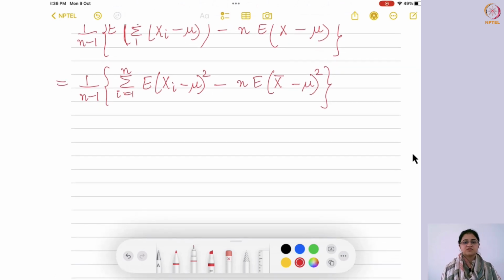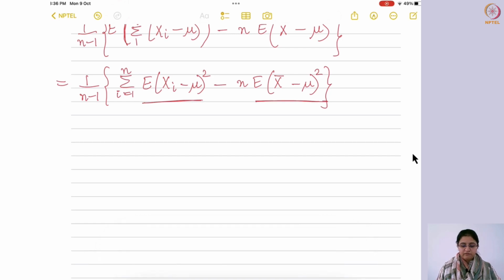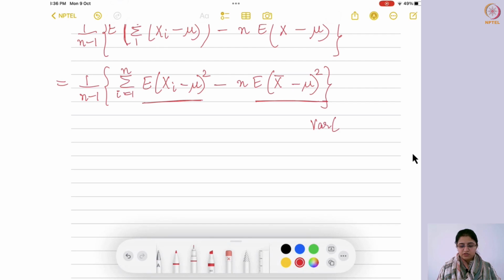Now what are these terms with the expectation? This one over here and this. If you recall, what is the variance of a random variable? Variance of any random variable is basically expectation of x minus expectation of that random variable, whole square. Okay.